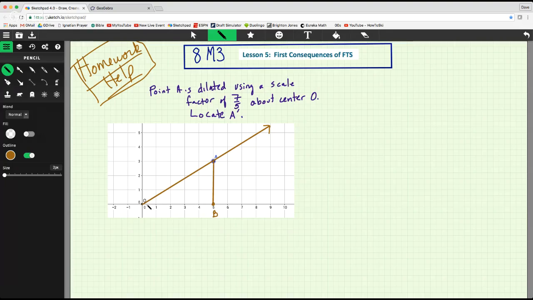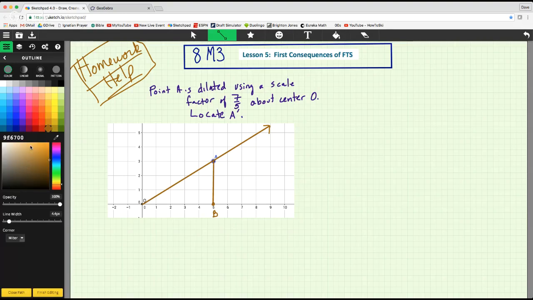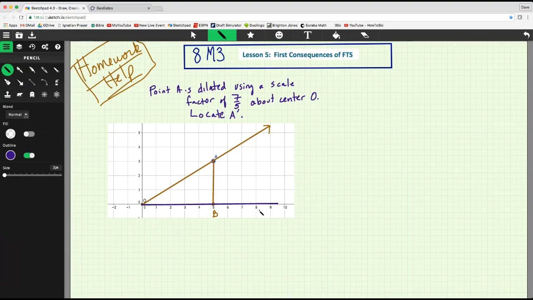Well, I can easily dilate point B, and let's do this one in blue. I can easily dilate point B by 7/5. Right? Because from O to B, the length of OB is 5.